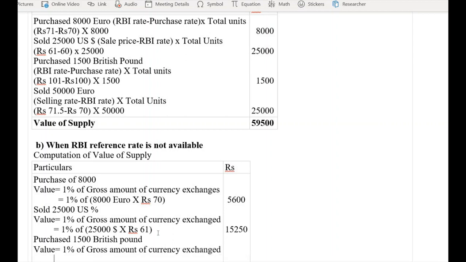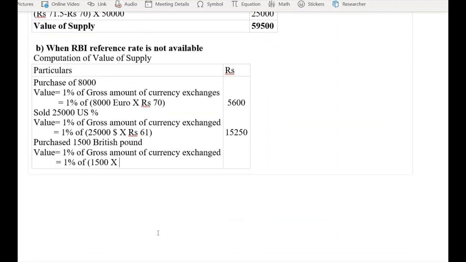So when we substitute the values here, 1% of 1,500 multiplied by 100 rupees. So it comes to 1,50,000. So 1% of that comes to 1,500.